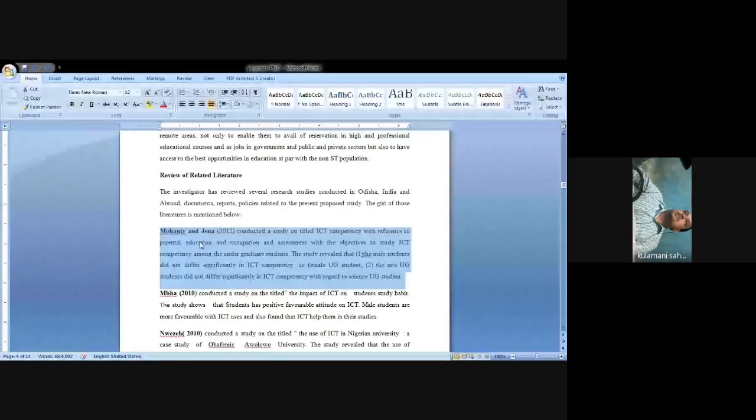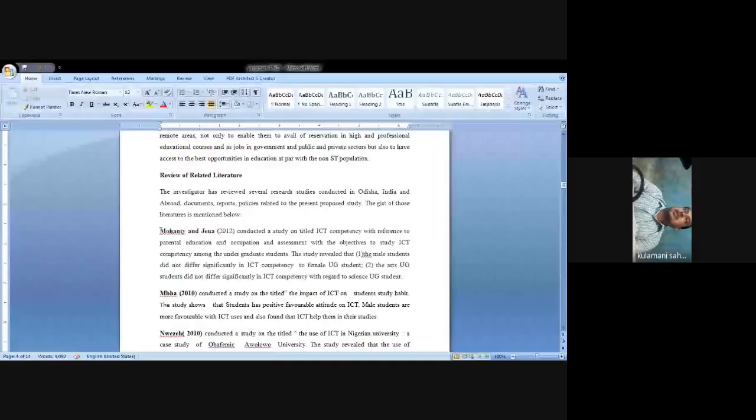Likewise, you may go for reviewing the works of others. Mohanty and Jena, 2012, conducted a study titled ICT competency with reference to parental education and occupation and assessment, with the objective to study ICT competency among undergraduate students.